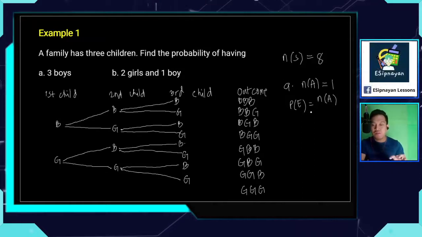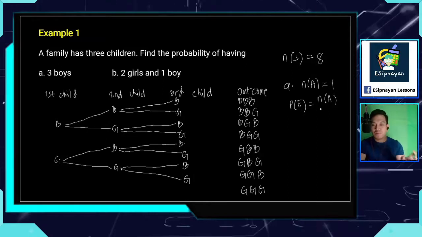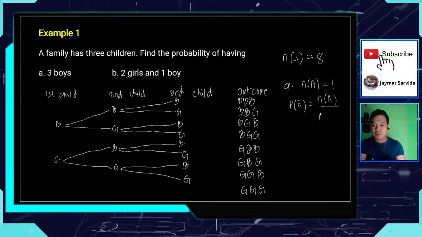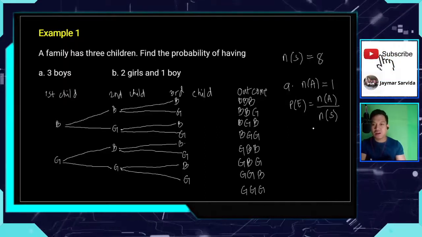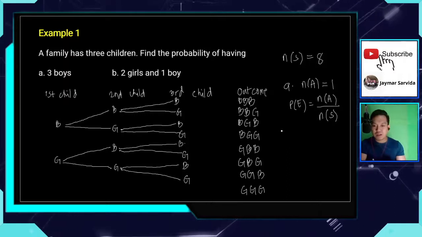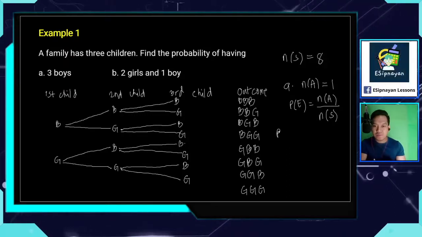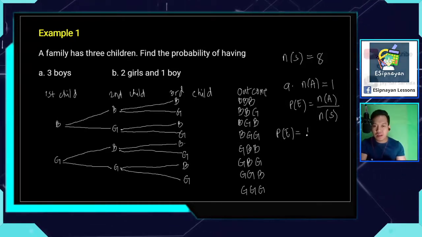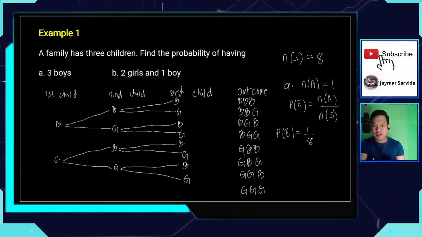So, to find the probability of an event having 3 boys, P of E equals N of A divided by N of S, that is 1 over 8, or pwede natin siyang gawing decimal.